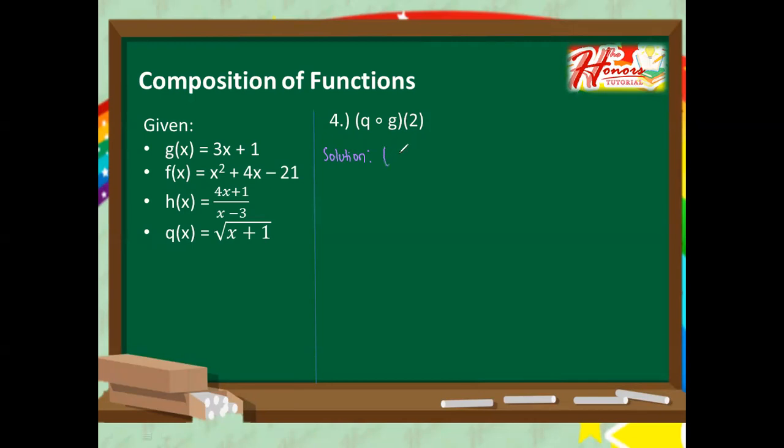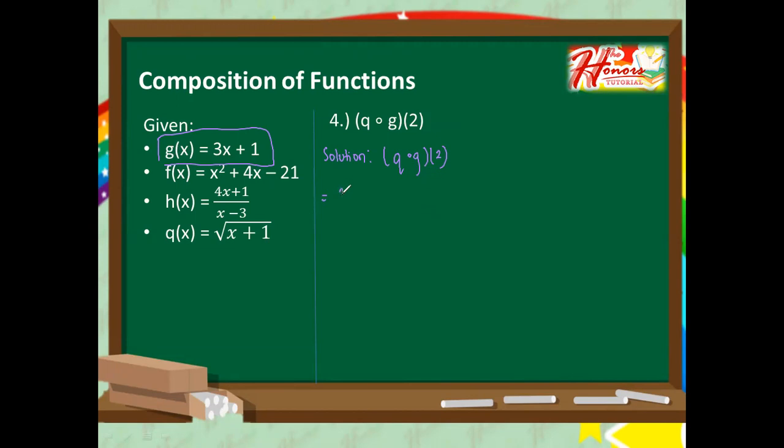Let's write it. The composite function q with g of 2. So same process. What I want you to do is to simplify first g. Where is it? Here. You have to simplify it.